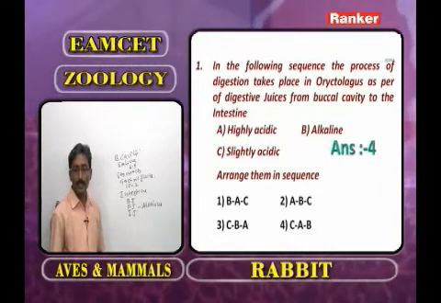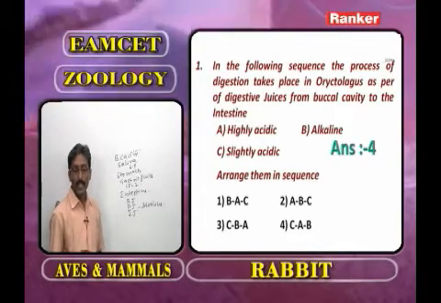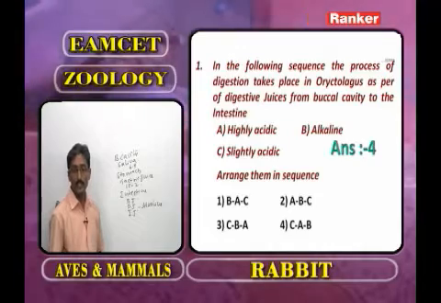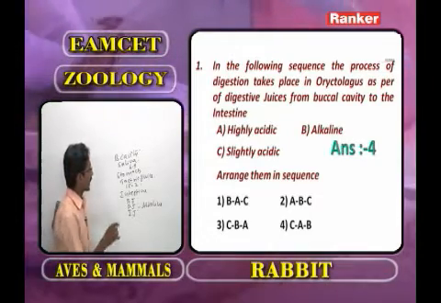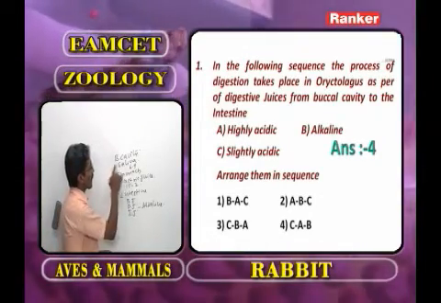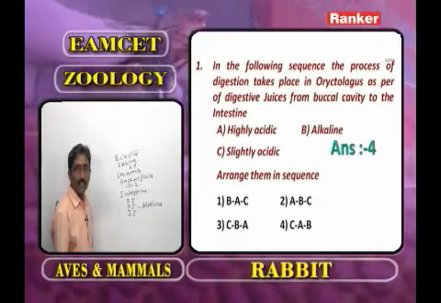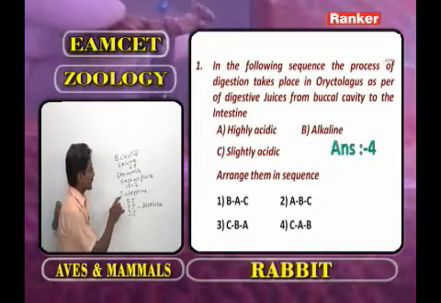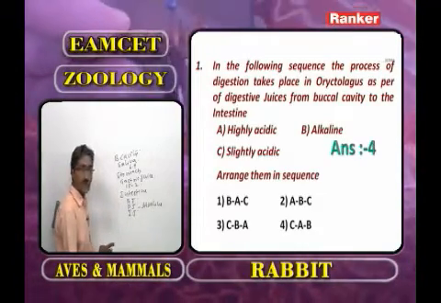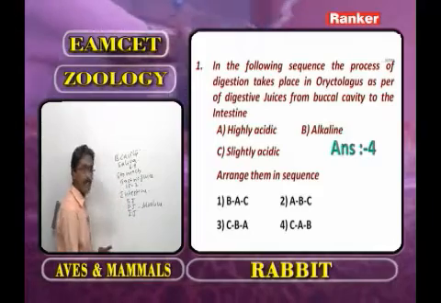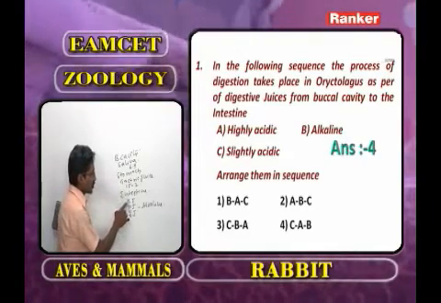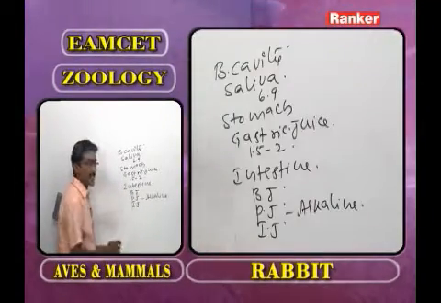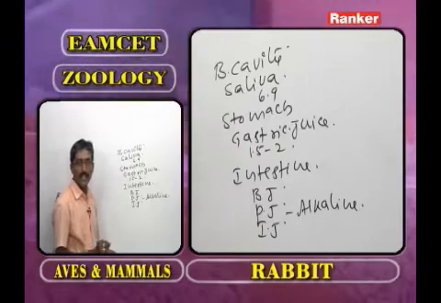Now based on this information, we have to observe in the following sequence, the process of digestion in the rabbit as per digestive juices from buccal cavity to the intestine. In the buccal cavity, the saliva is slightly acidic. The gastric juice is highly acidic. What about the bile juice, pancreatic and intestinal juice? They are alkaline.